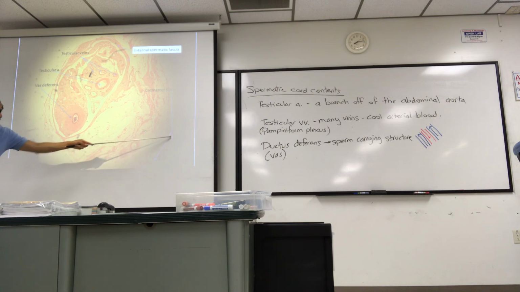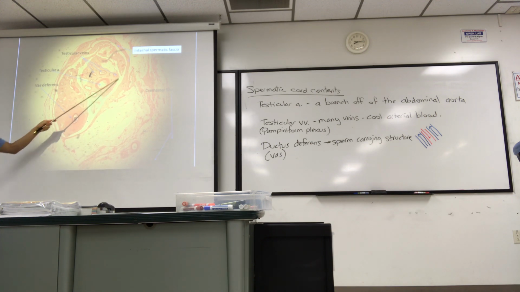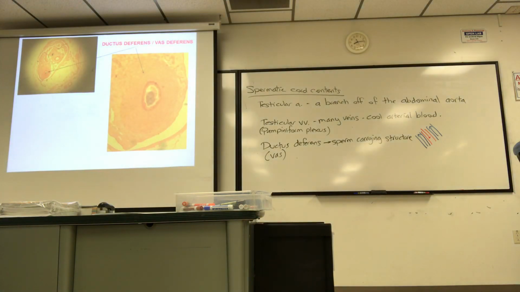It's hard to see, they kind of got faded out. I usually don't see it. One other thing that I mentioned is the internal spermatic fascia, connective tissue that surrounds the whole thing there. So we'll study the histology of the ductus deferens. That picture, I zoomed in as good as I could, but it was a little blurry.